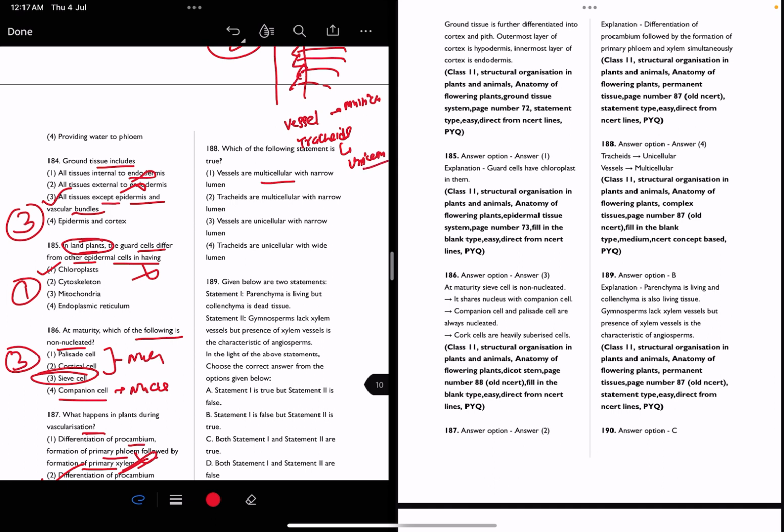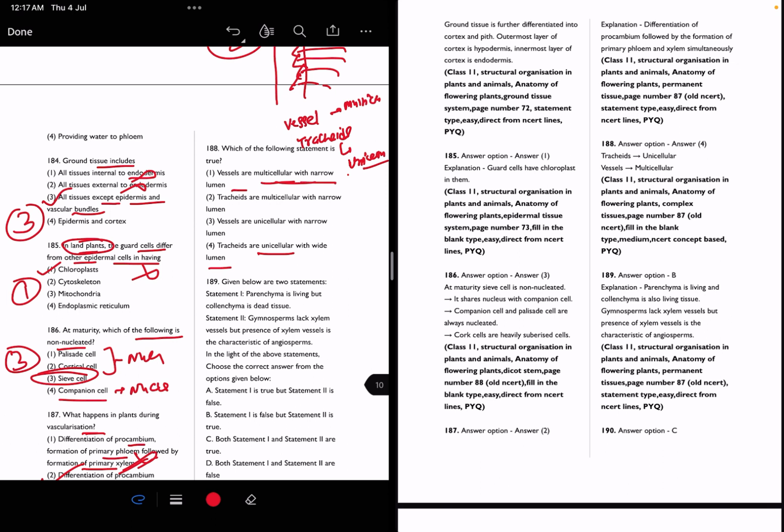You should read these structures carefully. Tracheids are unicellular with wide lumen. So tracheids are unicellular, vessels are multicellular.